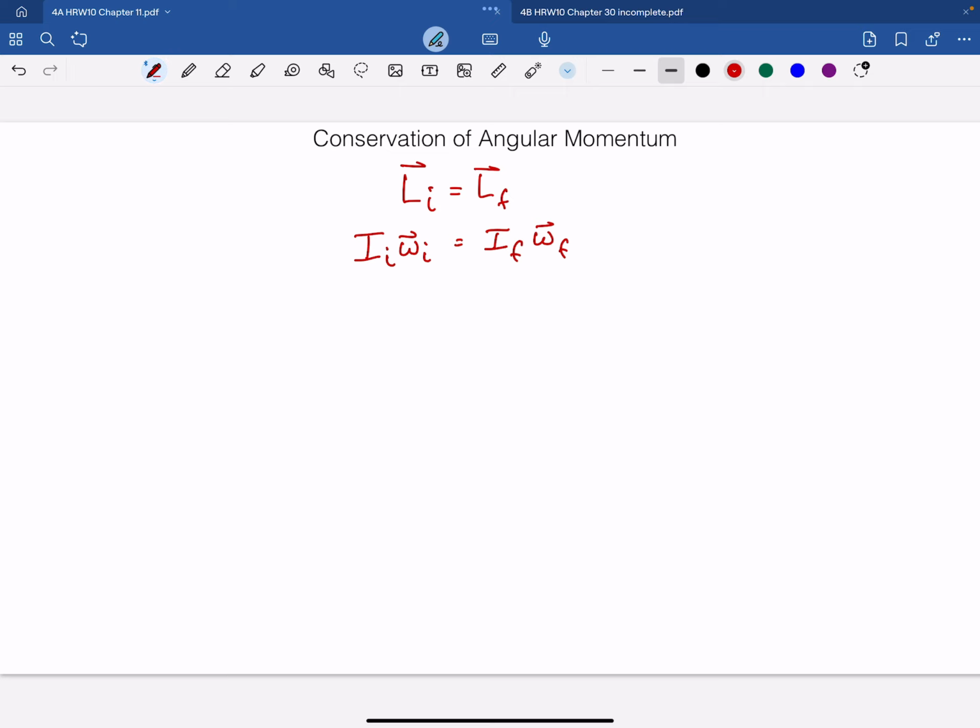So let's do the example of Mr. Balogh on the stool. So what have we got? I've got to draw a picture. Before, here's Mr. Balogh on the stool.